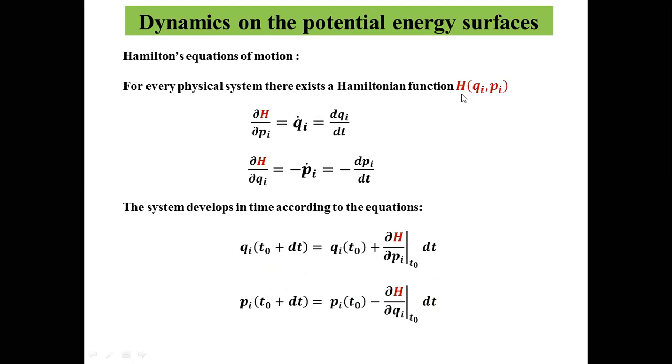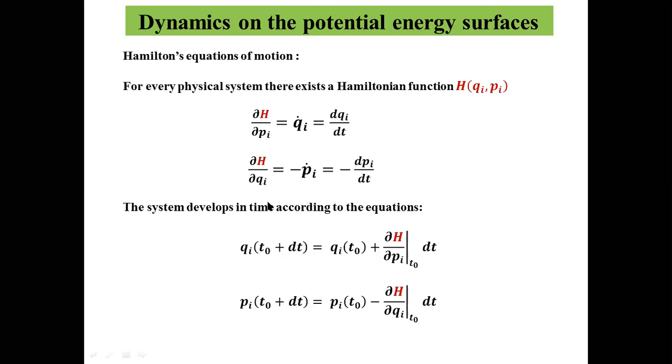So the first advantage of Hamilton's equations of motion is that this can be written in terms of a generalized coordinate. If we have a Hamiltonian which depends on generalized coordinates and generalized momentum, then we have first order differential equations, and that is easy to solve, or easy to integrate, to get the trajectory, right?